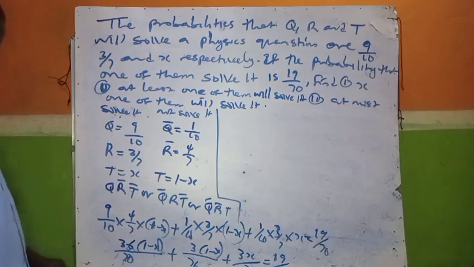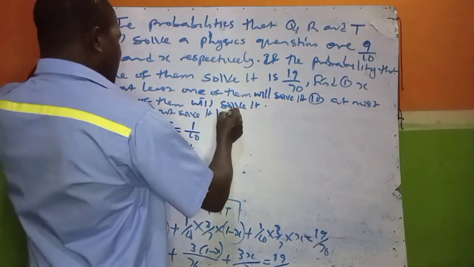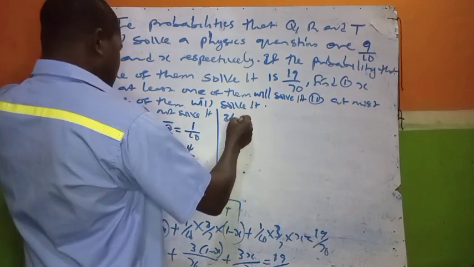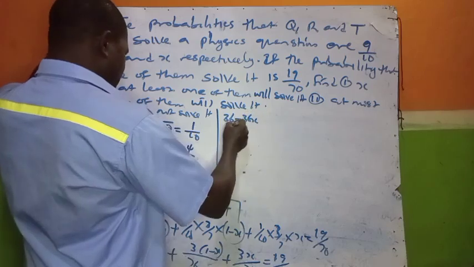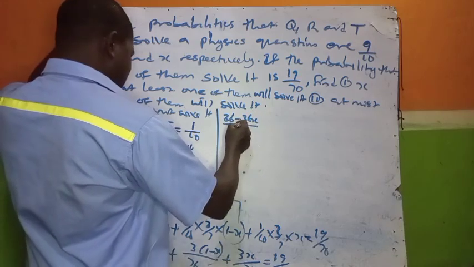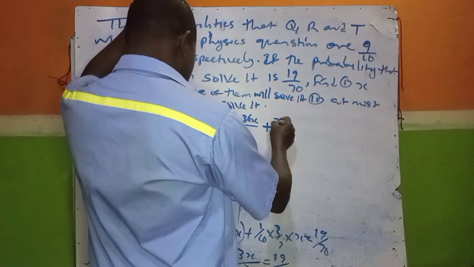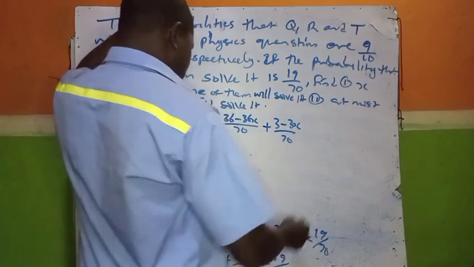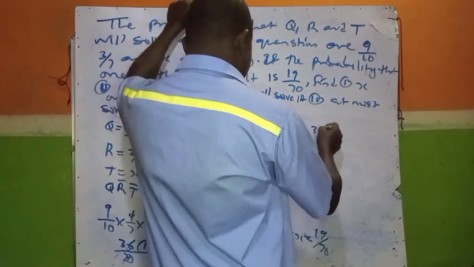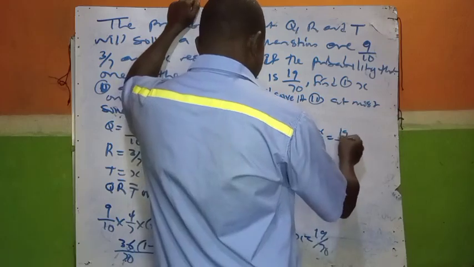Now what you are going to do here is open the brackets. So you are going to add 36 minus 36x over 70, plus 3 minus 3x over 70, plus 3x over 70, equal to 19 over 70.